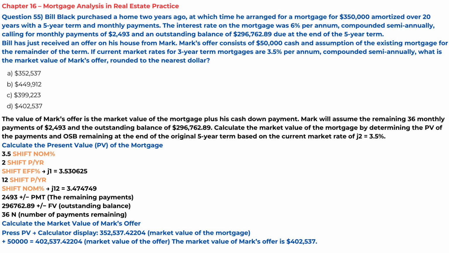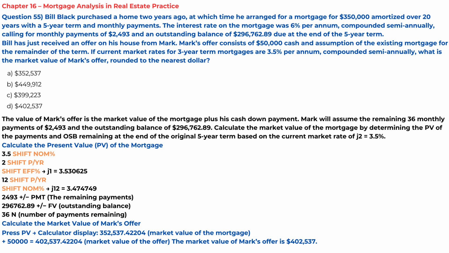Bill has just received an offer on his house from Mark. Mark's offer consists of $50,000 cash and assumption of the existing mortgage for the remainder of the term. If current market rates for 3-year term mortgages are 3.5% per annum, compounded semi-annually, what is the market value of Mark's offer, rounded to the nearest dollar?